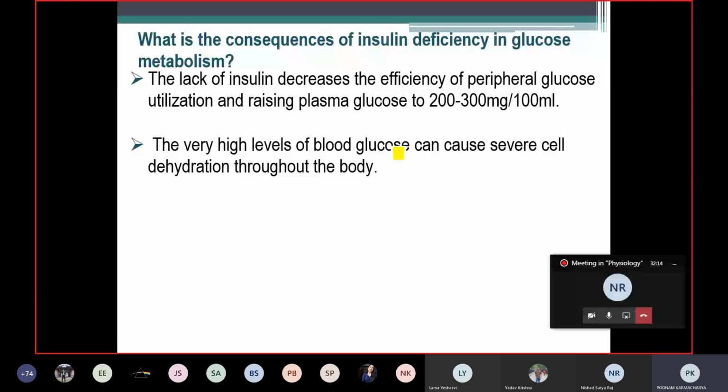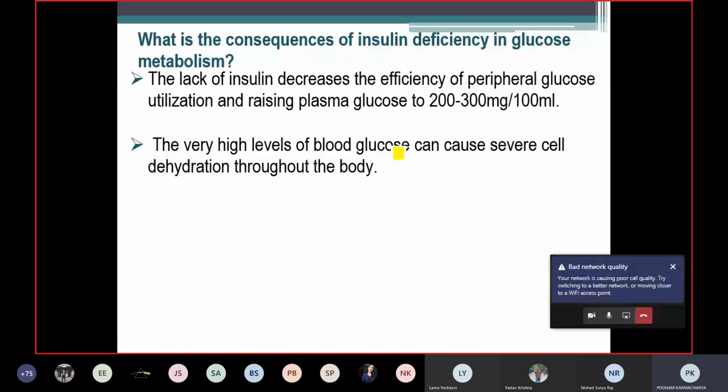So because of insulin deficiency, what is happening? There is decreased utilization of peripheral glucose, and because of that there will be a rising level of plasma glucose from 200 to 300 milligram per 100 ml.